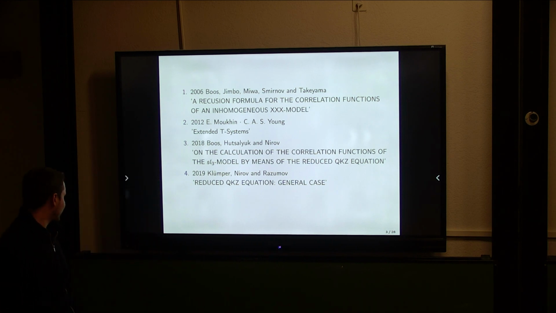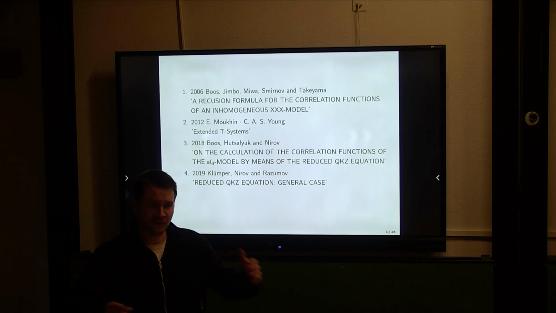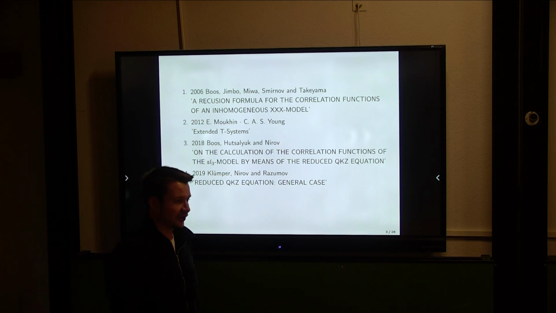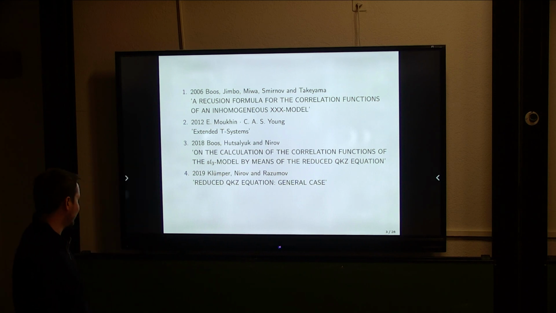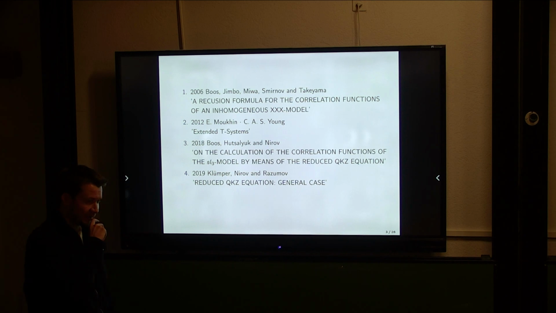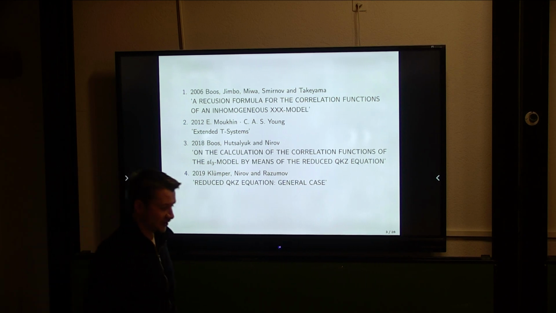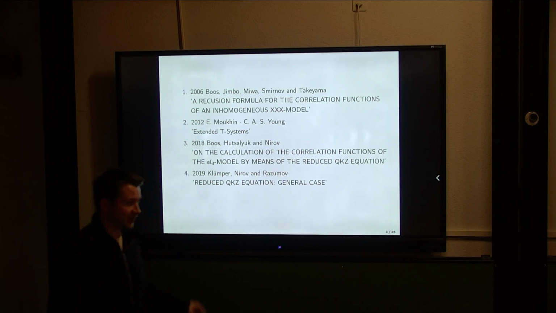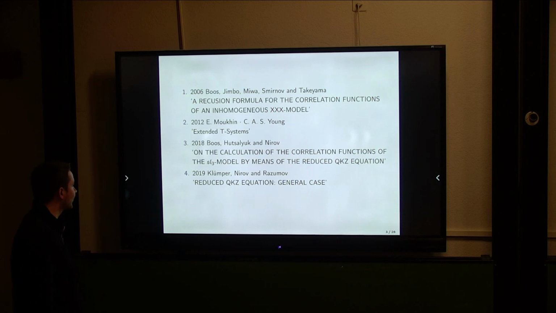And then the fourth reference is just generally about how to write down the rQKZ in the general rank, A_N case. Actually, there's also an explanation for any other symmetry, but I just need the A_N case.